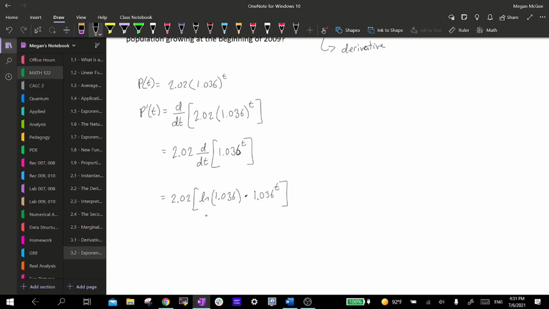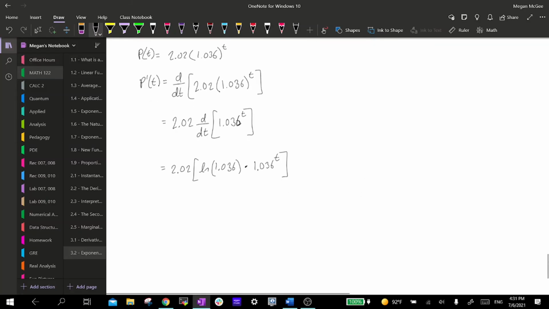So this uses our exponential rules. If we throw this into a calculator, just to clean this up a little bit, we'll end up with 0.07. So our 2.02 times this natural log is going to give us 0.07 times our 1.036 to the t. So this is our derivative here.